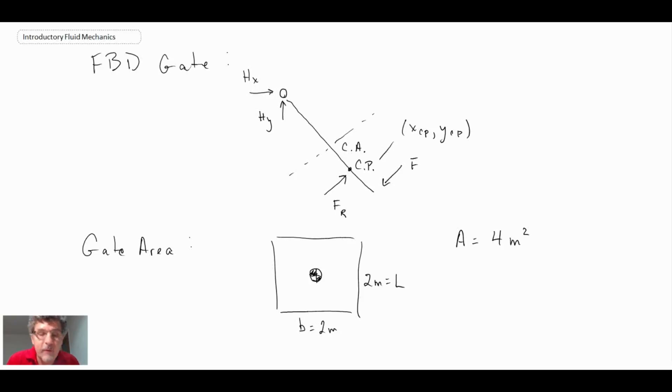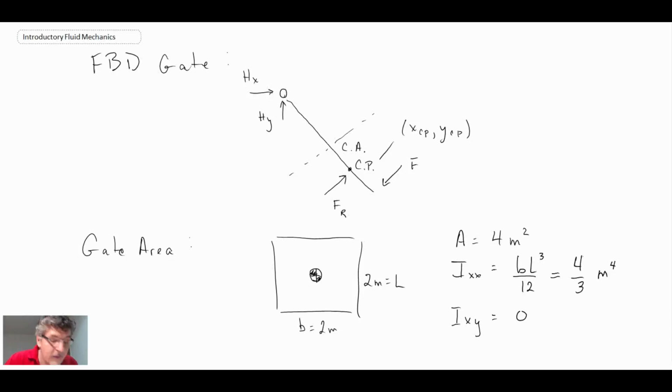Now the other thing that we're going to need are the moments of inertia about X and Y, so go to your fluids book, look those up for a square plate, and what you'll find is the following. And IXY in this case is 0 because it is symmetric. But what we'll do, we'll plug in the values for IXX, and when we do that, we get 4 over 3, and the units of that are going to be meters to the fourth. So we'll carry that through in our calculation when we're looking for XCP and YCP.